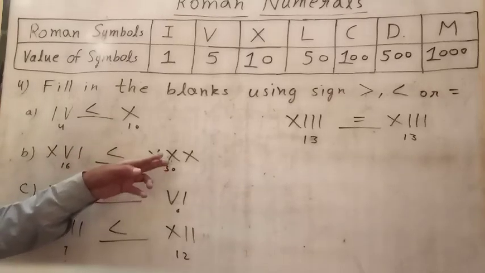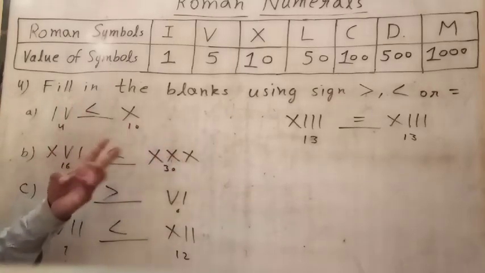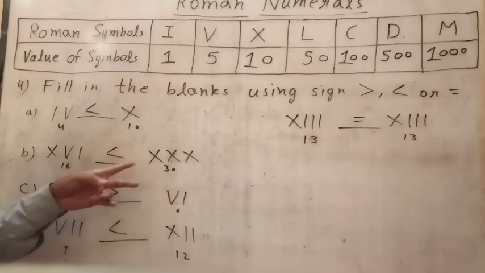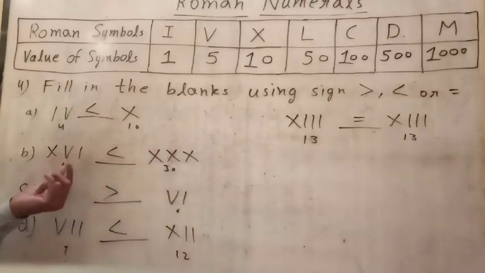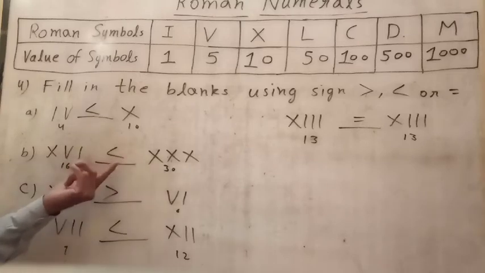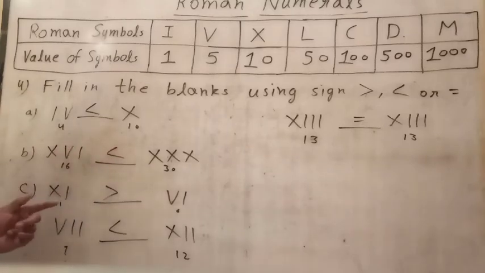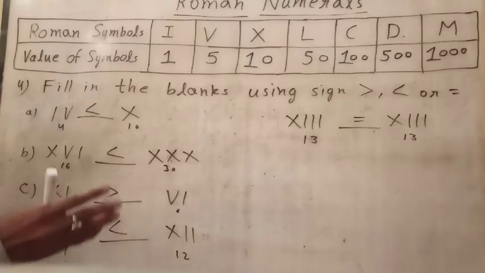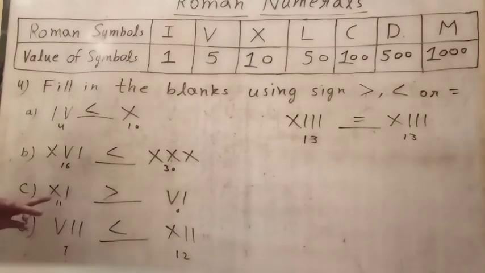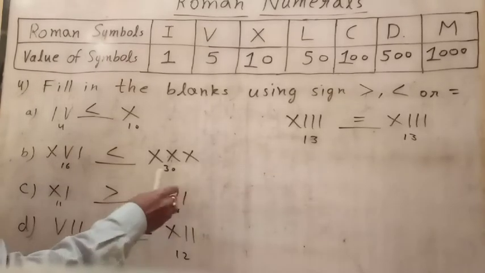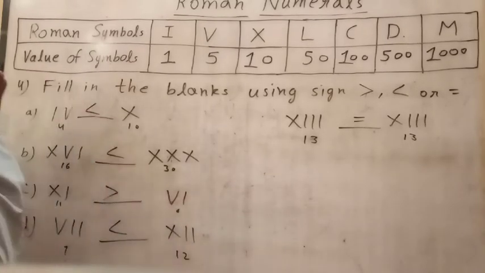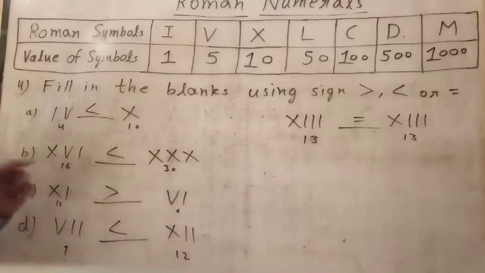Here X we can repeat 3 times, as I have explained. So 10 plus 10, 20, plus 10, 30. Which one is greater? 30 is greater. Next, I is written to the right side, so 10 plus 1, 11. Here I is written to the right side of V, so 5 plus 1, 6. 11 is greater.